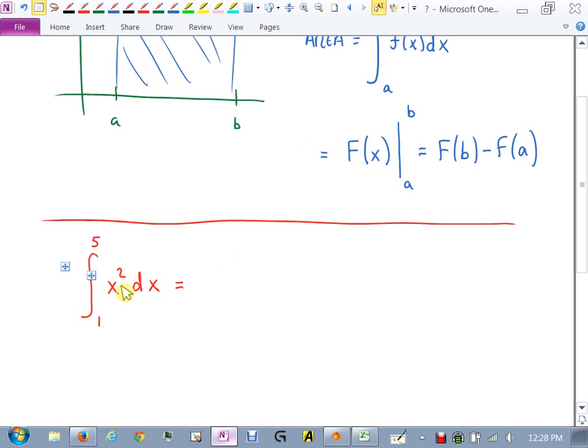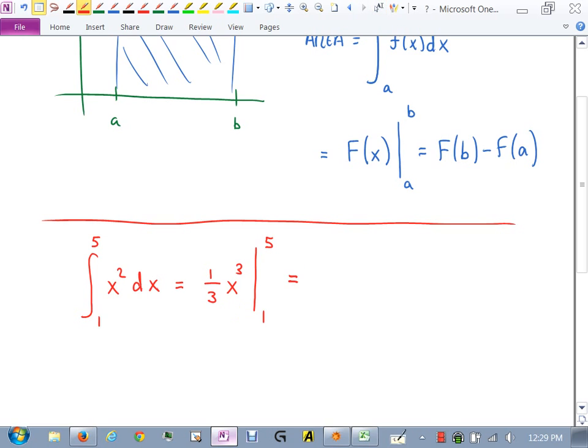What is the antiderivative of x squared? 1/3 x cubed. Then we write this line and put 1 and 5 here. This gives us an opportunity to write what the antiderivative is. There will not be a plus c here. There will be no plus c. I'll explain why next class.